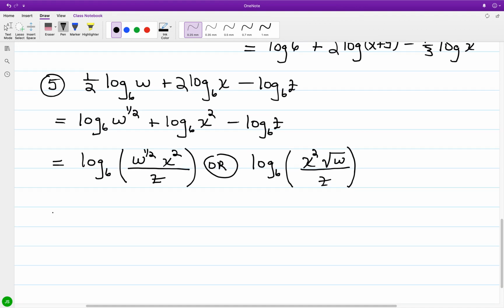For what we have in the case of number 6, we have 4 times the base c logarithm of y minus 1/2 the base c logarithm of w, and we have plus 6 times the base c logarithm of z.